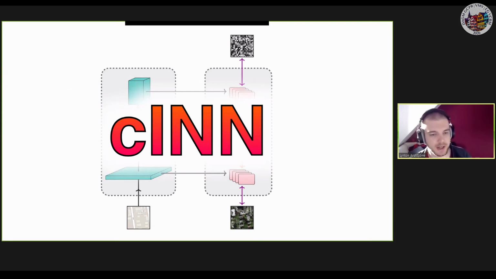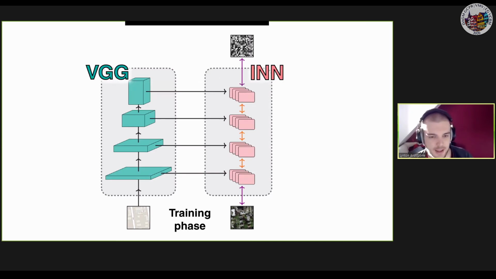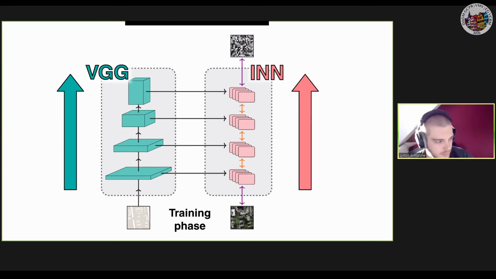If I want to train this as a conditional generative model, I do it in the following way. We start with the training data as pairs of the conditioning image on the left side here and the original image on the right. We first compute the feature pyramid and next run the INN while injecting these features.